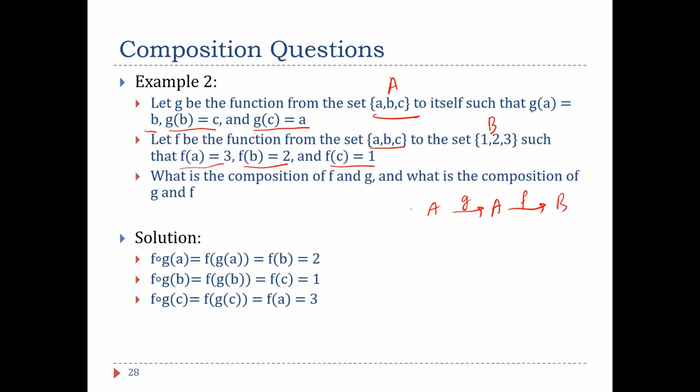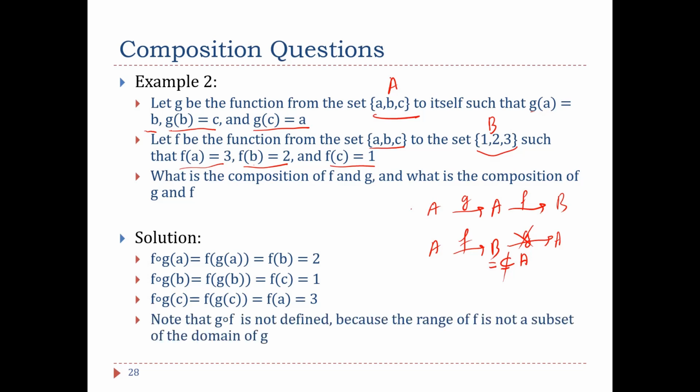To talk about g round f, it's not possible, because f goes from A to B, so the range of f is this set here, 1, 2, 3, which is not a subset of A. So we cannot apply g, because g goes from A to A. We cannot do the mapping from B to A. g is not defined on the domain B. It's defined on the domain A.